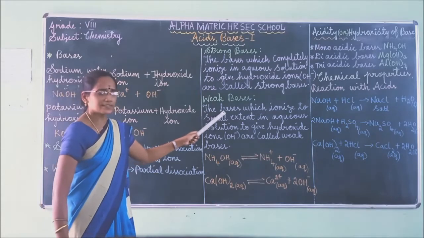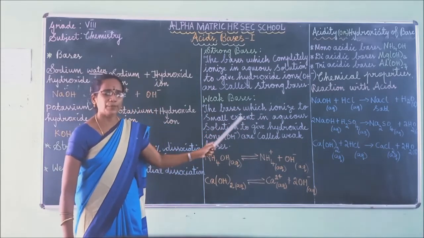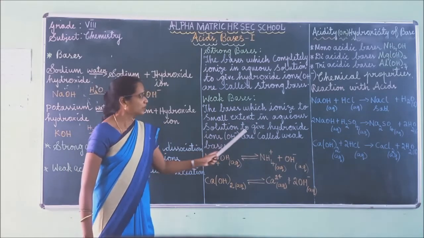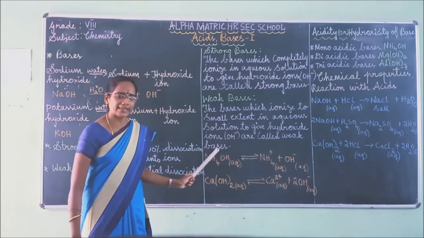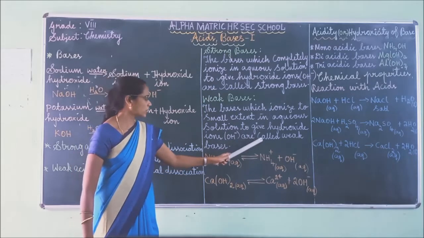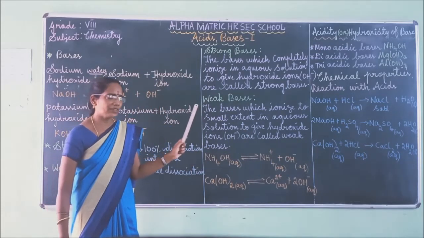The bases which ionize to a small extent in aqueous solution to give hydroxide ions, that is OH minus ions, are called weak bases. What is meant by weak base?